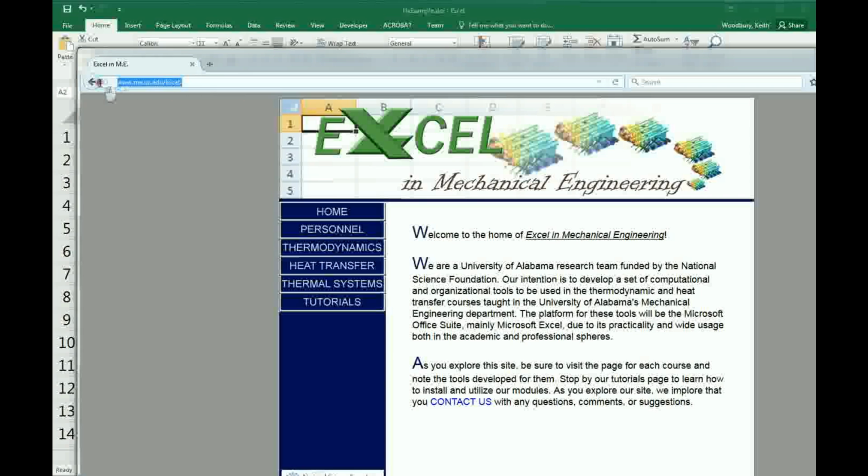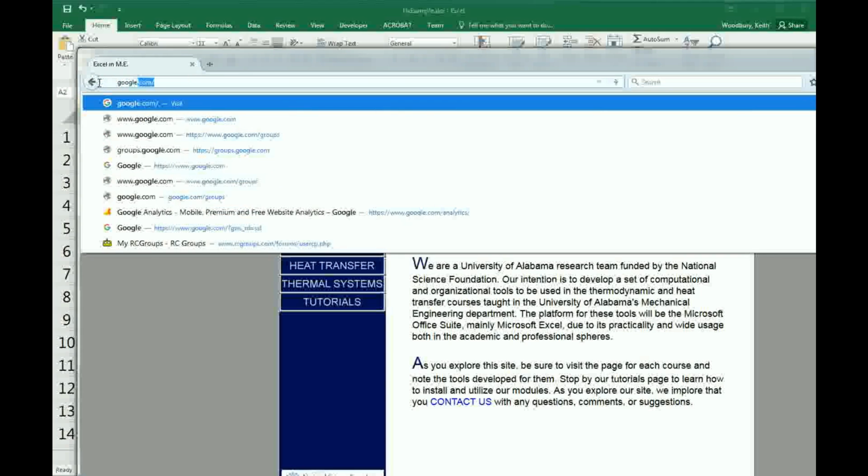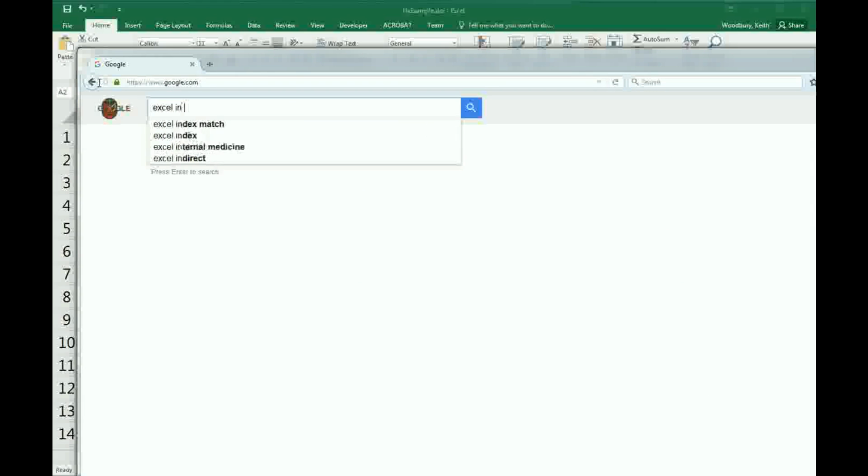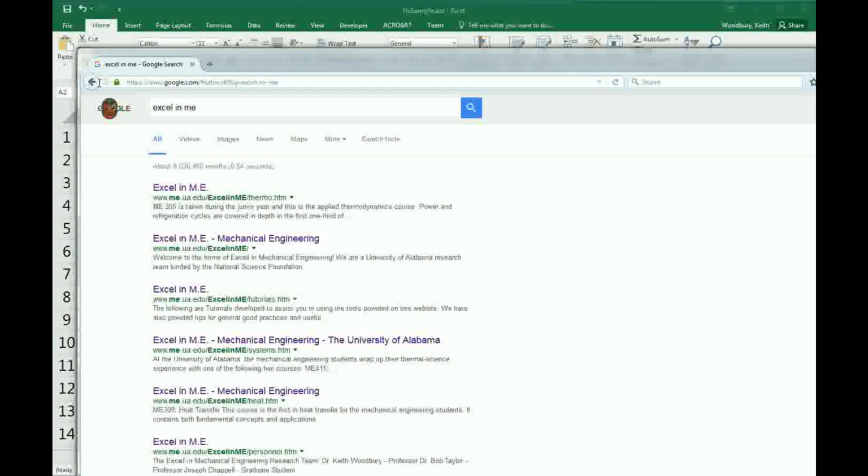I think alternately, if you trust Google, if you just search for Excel in ME, I think it comes up pretty quickly to the top of the page.